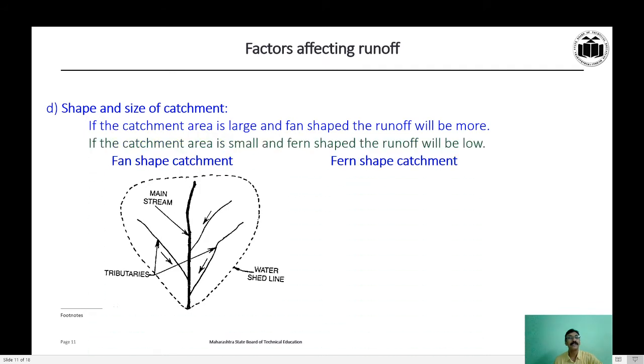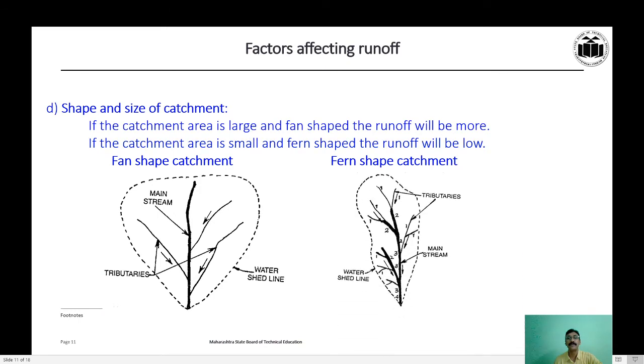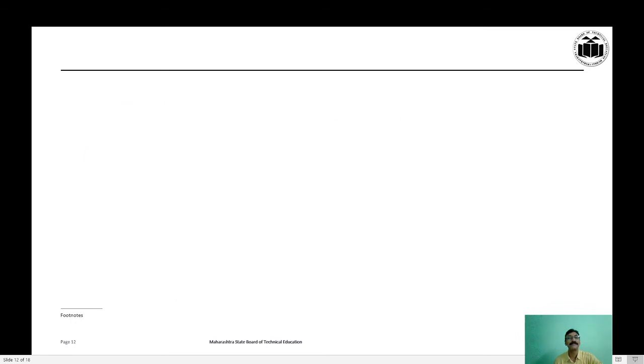And if the catchment area is small and fern shaped, the runoff will be low. Whereas in fern shaped catchment area, the tributaries are of different sizes and water collects at different times and is distributed over the catchment area.